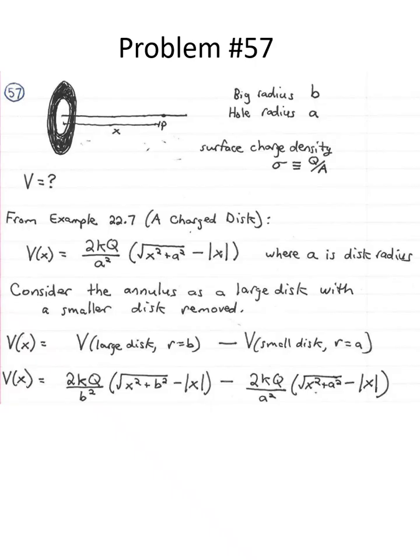But let me briefly describe the calculus way, and I think it would be a good exercise if you want some practice with it. So in the book, there is example 22.7, potential of a continuous distribution, a charged disk. You can read through that derivation, and you can see that it takes the charge and integrates many, many rings from radius 0 out to the full radius.